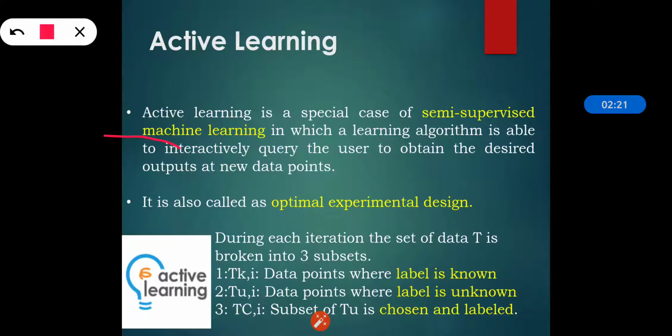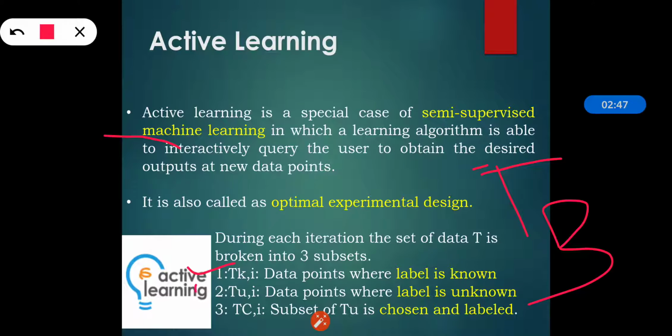So we have T as the data set, and that is broken into three subsets. The first one where the data points are known, the second one where the data points and label are unknown, and the third where the data points are chosen and labeled. The first one is TKI, that is data points where the label is known.